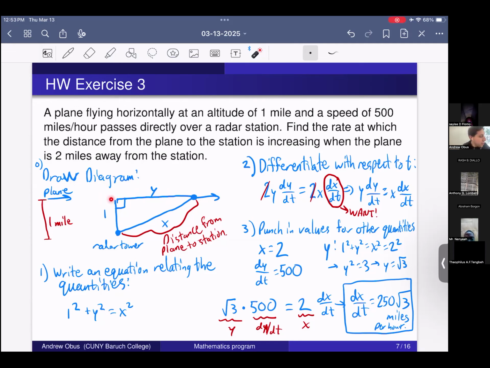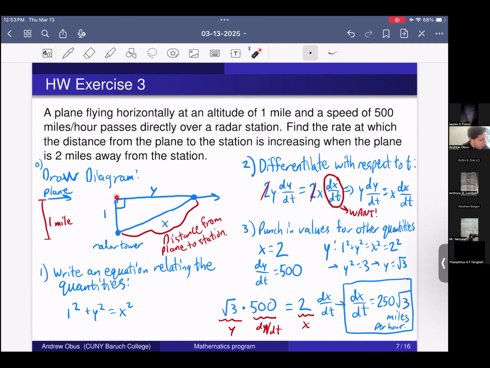Okay? And so when the plane is flying 1 mile above the radar tower, it turns out that if you take the snapshot now and you take your new snapshot an hour later when the plane's 500 miles away, the distance from the radar station will actually have increased a little bit less than 500 miles. Think of it over here, right? This distance is square root of 3 when we start.